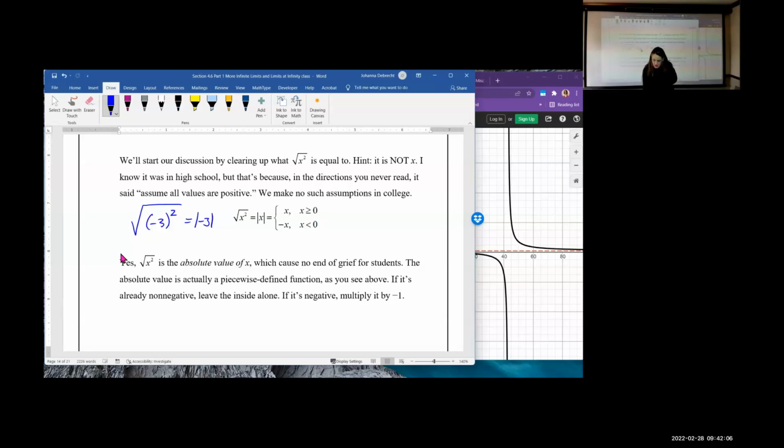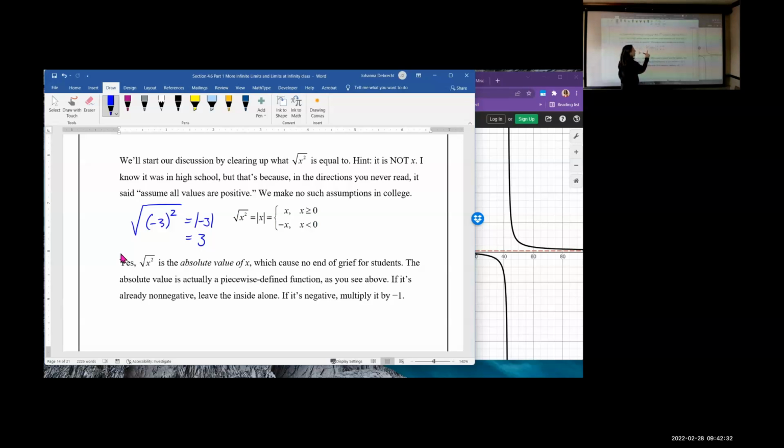Yeah, I'm going to get out 3. All right. So you have to be careful when you don't know anything about the sign of the variable. Now, how did they get away with this in high school, always telling you that the square root of x squared was x? In the directions, which you never read anyway, it said, assume all variables are positive values. But you never read that, so you kind of missed that part.